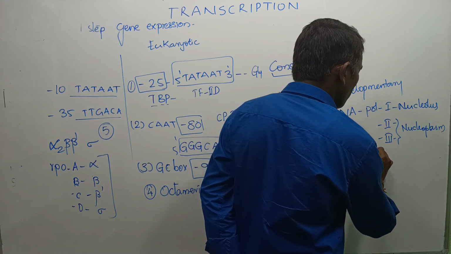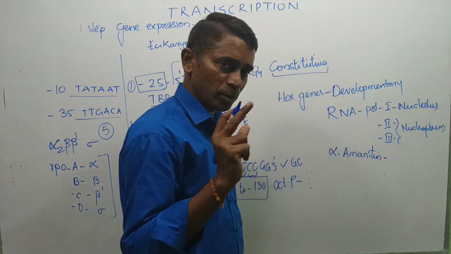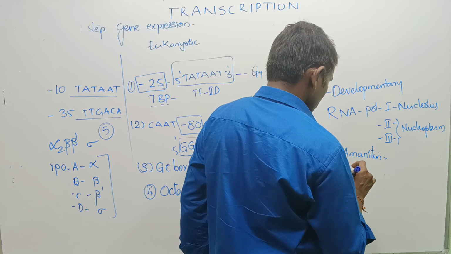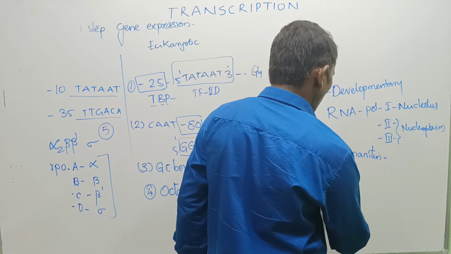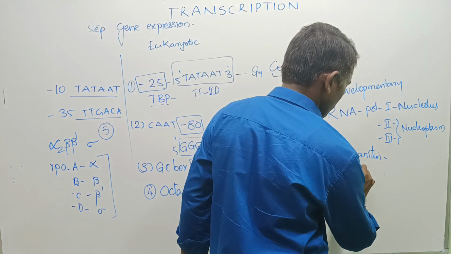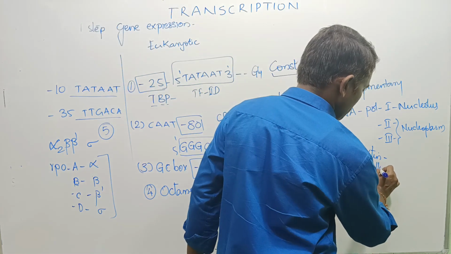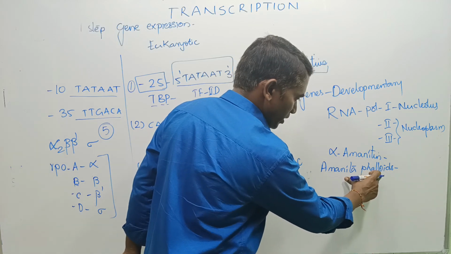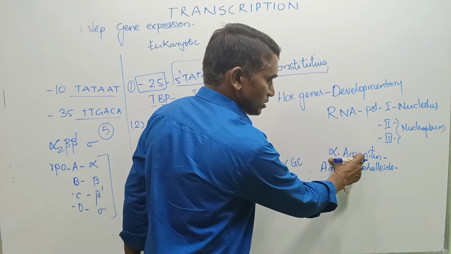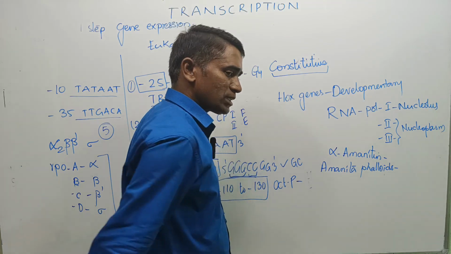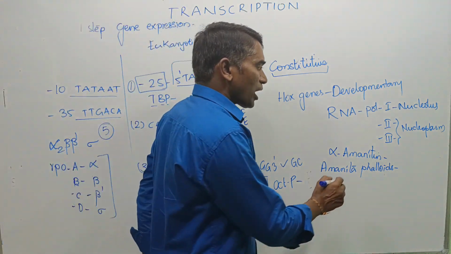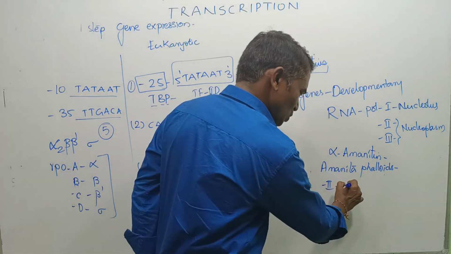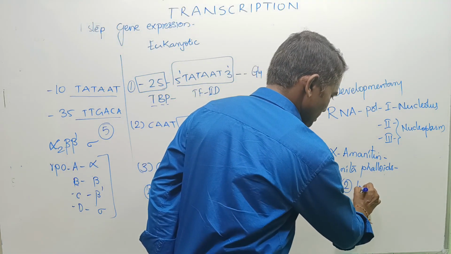Alpha amanitin is a toxic compound, a protein, usually present in the mushroom Amanita phalloides. The toxin of this mushroom inhibits RNA polymerase enzyme activity, in which RNA polymerase 2 is highly sensitive. Two means too sensitive. It is easy to remember.